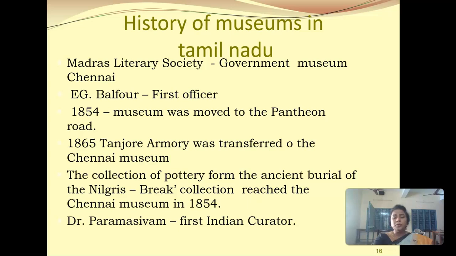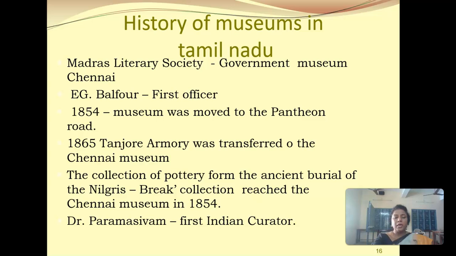So when we take museum history, especially in Tamil Nadu, the Madras Literary Society was established. They established a government museum at Chennai. Okay, Balfour was the first officer, and from the year 1854 it moved to Pantheon Road, and in 1865 the Tanjore Armory was transformed into the Chennai Museum, and at present the Chennai Museum is one of the important museums of Tamil Nadu.